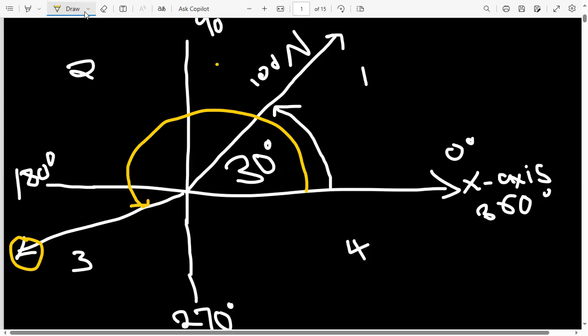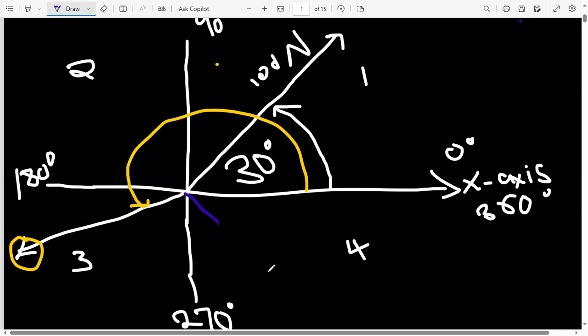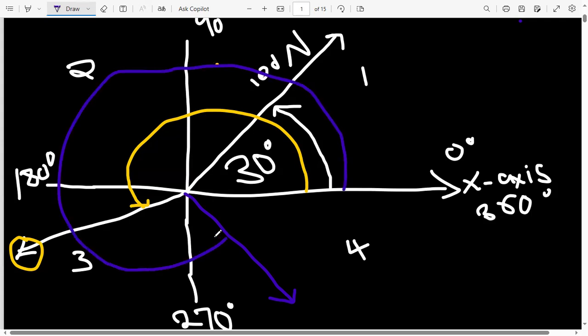And then what if I have another vector that is like this? If I have another vector like that, and they tell you to find the direction of this vector, we're just trying to find the angle at which this vector is. So how do you find that angle? You always start from the positive x-axis. You go like that all the way until you find your vector.